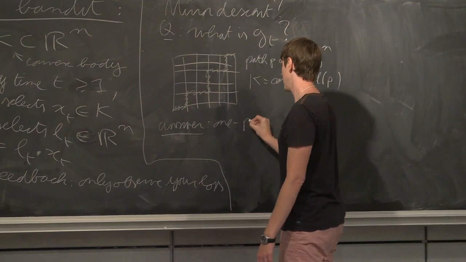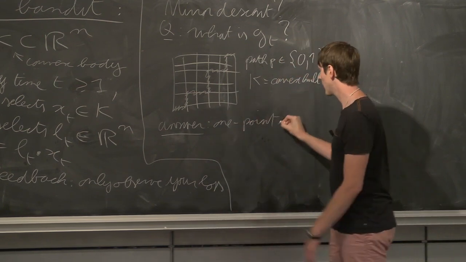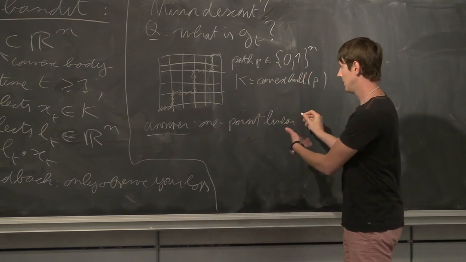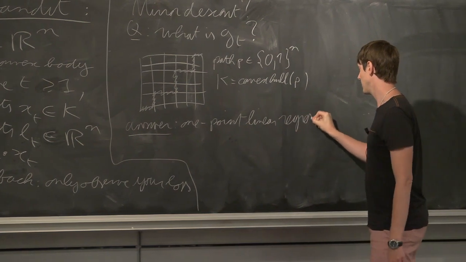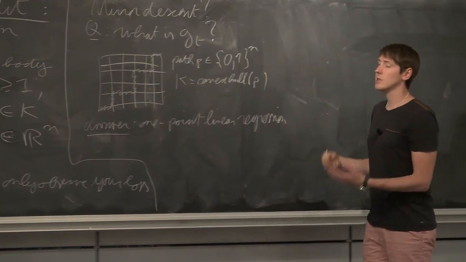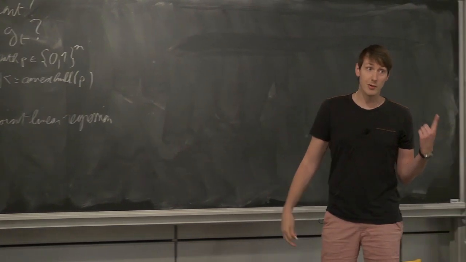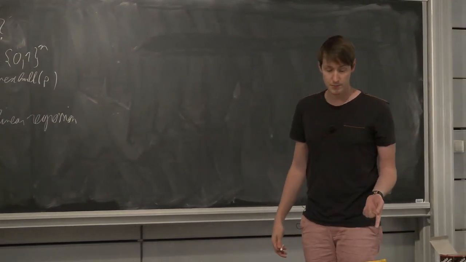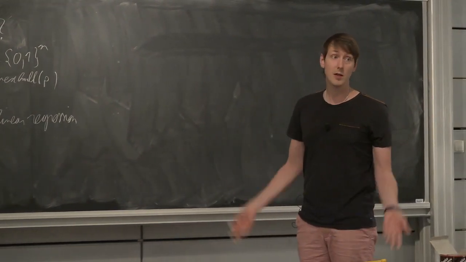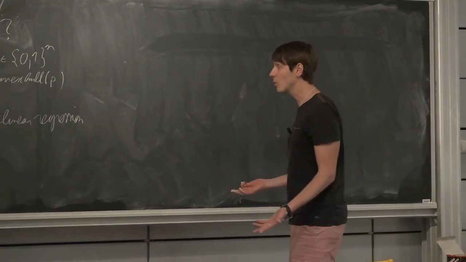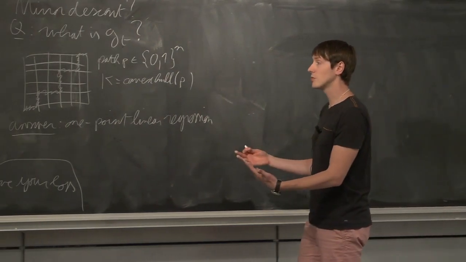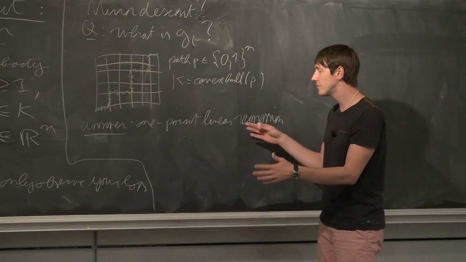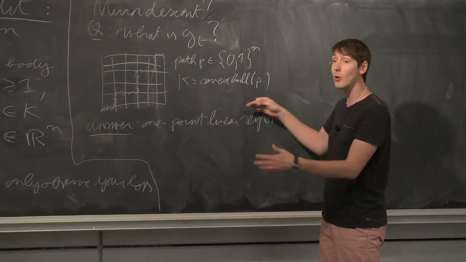1 point linear regression. I'm going to write the formula for you, but if I tell you this, you can figure it out yourself. But again, what's going to be the problem? If you do linear regression with 1 point, what is the issue? There is a lot of variance, just as always. Now, in addition to the variance of having small probabilities, you have the variance of, basically, a small eigenvalue.